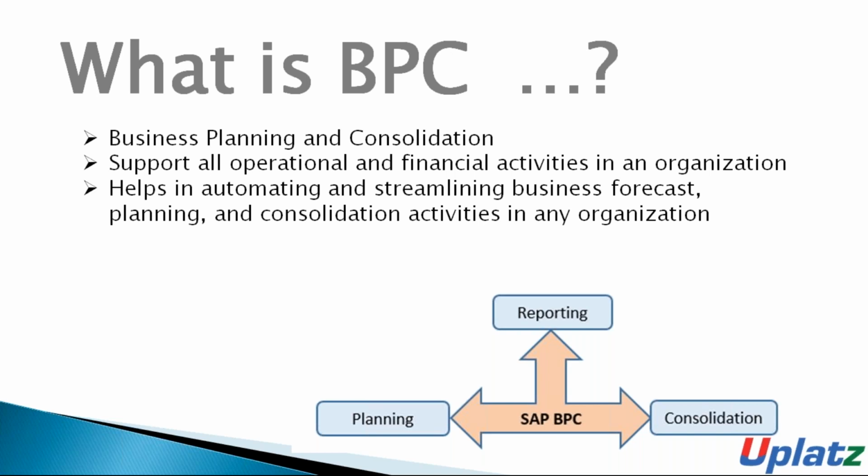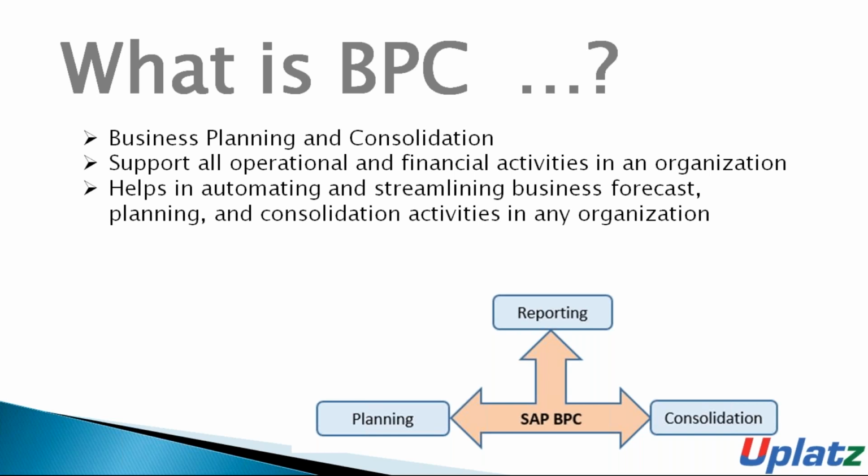Some companies will have something around 40 to 50 entities all over the globe, and each entity will have a separate balance sheet, income statement, and cash flow, and they will have a stepwise consolidation.